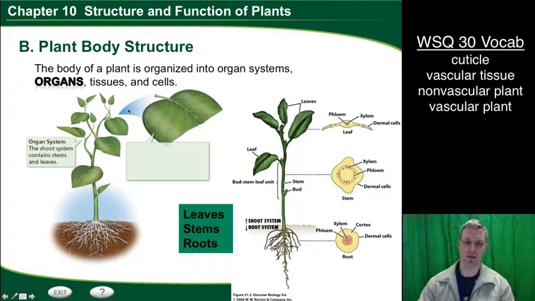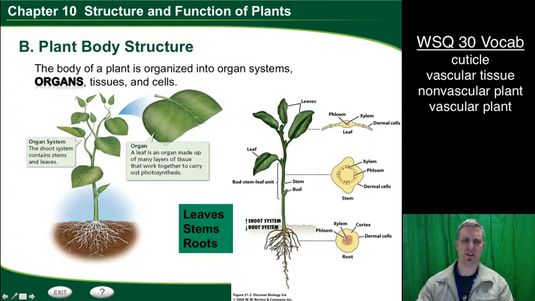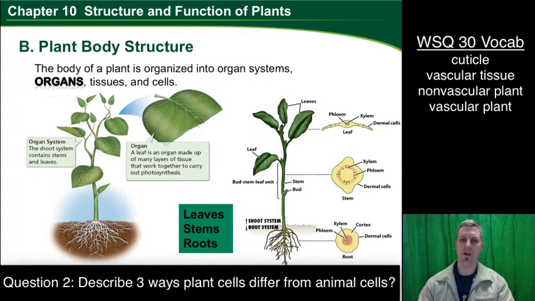At the organ level, let's take the leaf, which is part of the shoot system. All leaves are organs. There are three types of organs: leaves, stems, and roots. The leaf is made up of many different tissues that work together to do one thing: carry out photosynthesis.